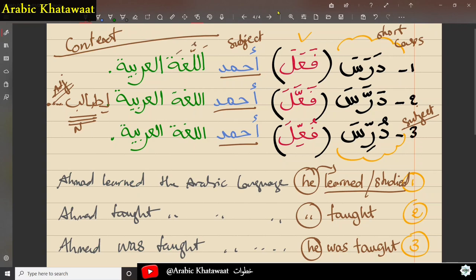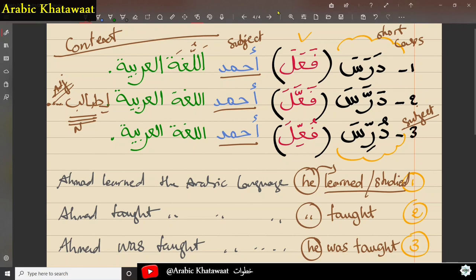I'm talking about a student or a person who is learning the Arabic language. So the conversation is introducing the person as a learner. So the context introduces you to the meaning of the verb.